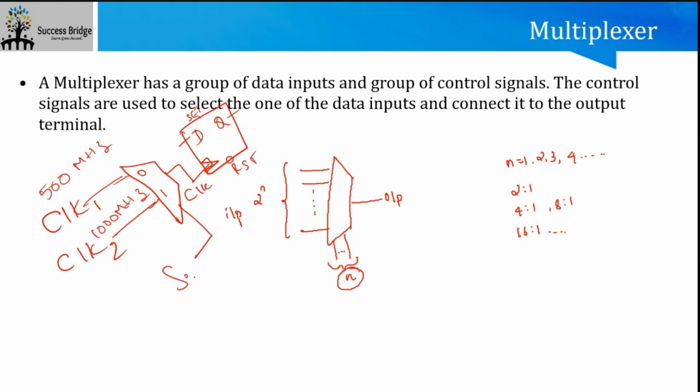My select line is either 0 or 1. When I select 0, clock 1 will pass through and reach this particular clock input and drive it. That is the real-time usage.